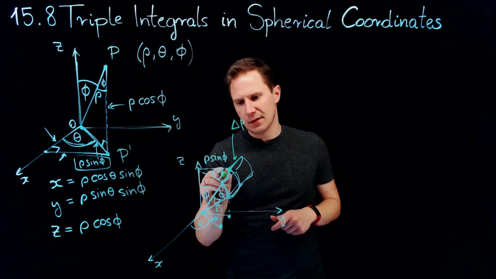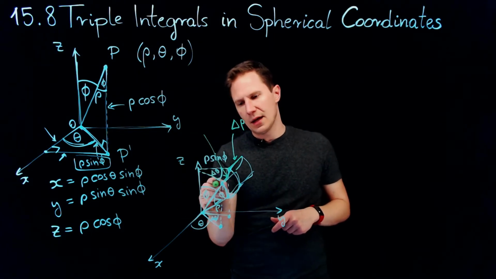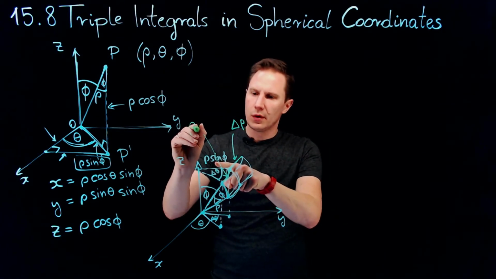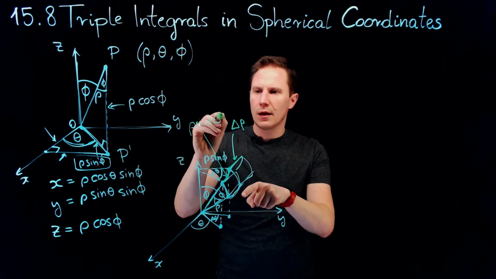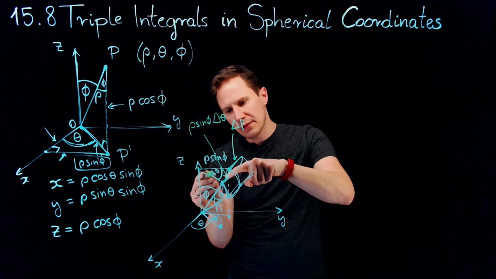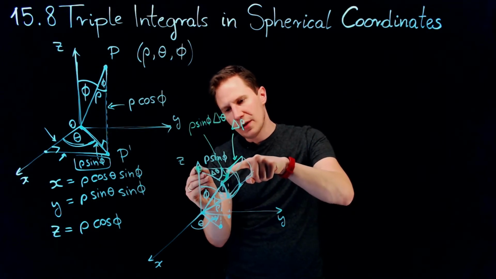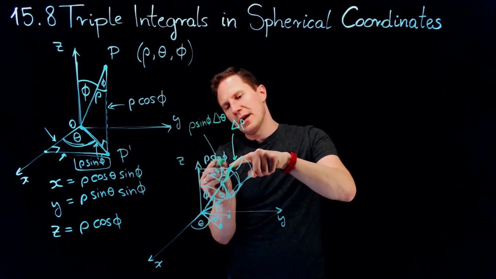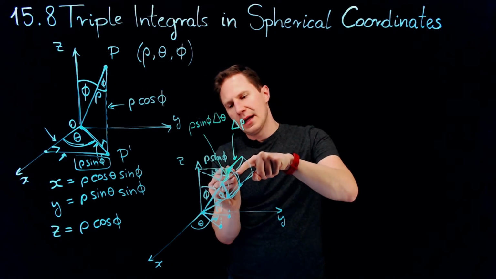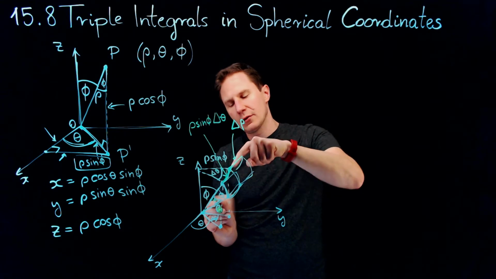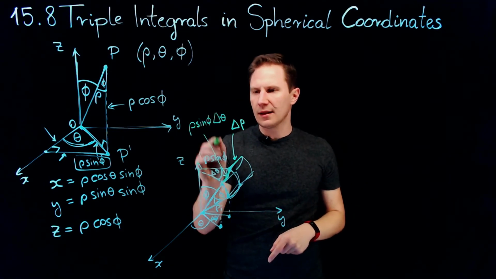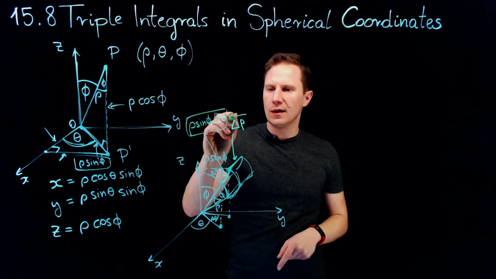This side right there is rho times the sine of phi times delta theta, because we have this circular arc with radius rho times sine of phi, and the angle is delta theta that corresponds to that circular arc. So that length is this quantity.